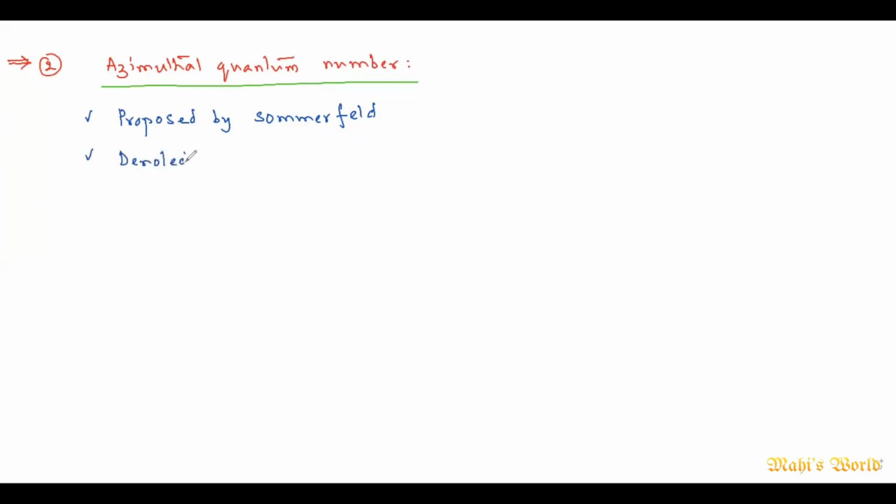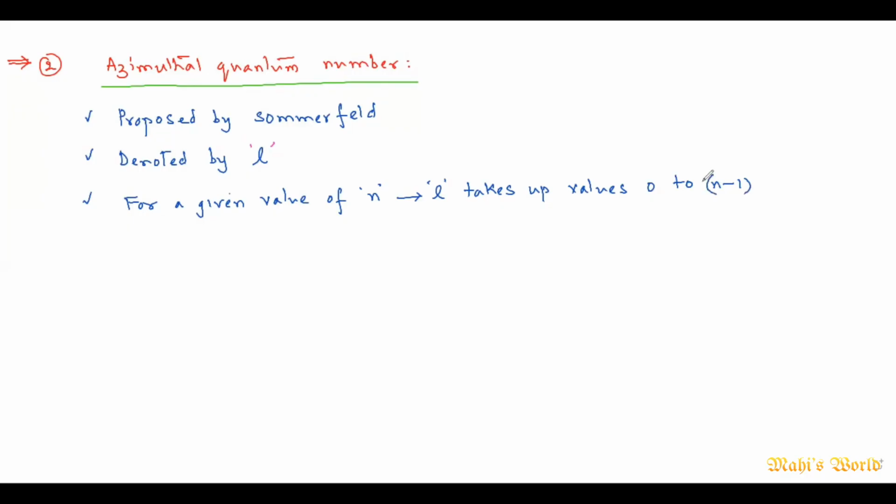It is denoted by small l. Now, for a given value of small n, l takes up values 0 to n minus 1. 0 to n minus 1 are the values of l.